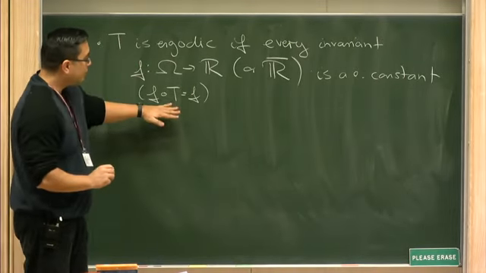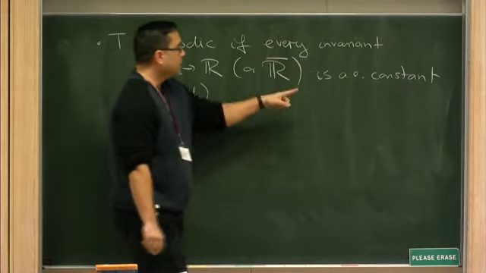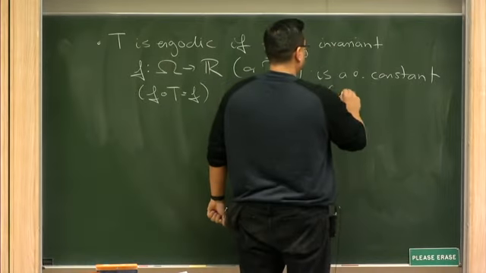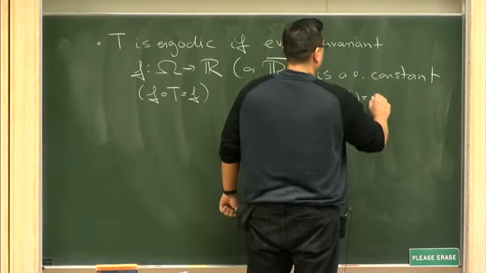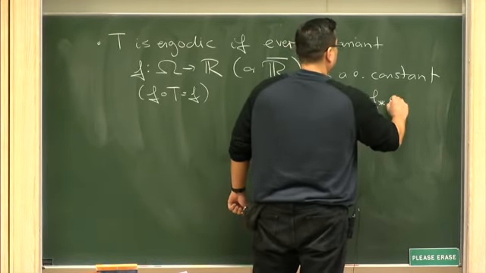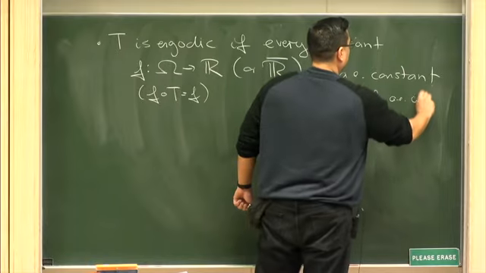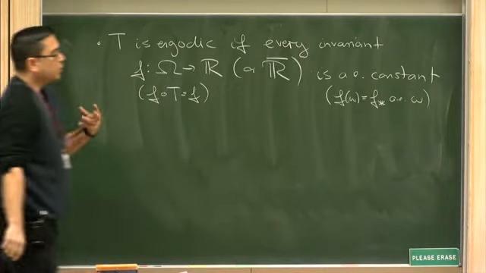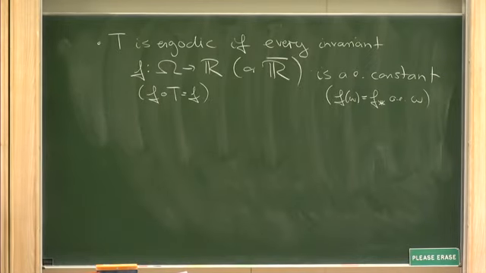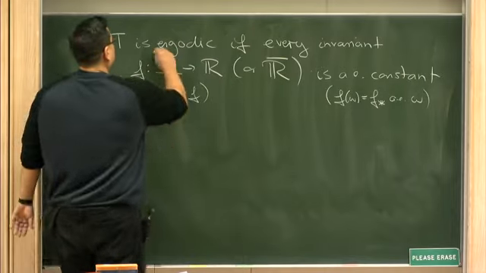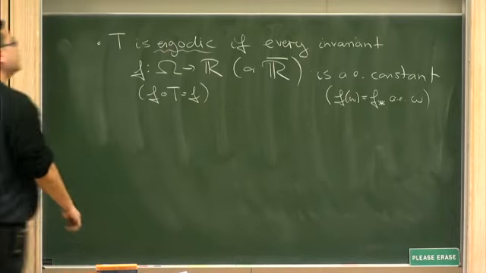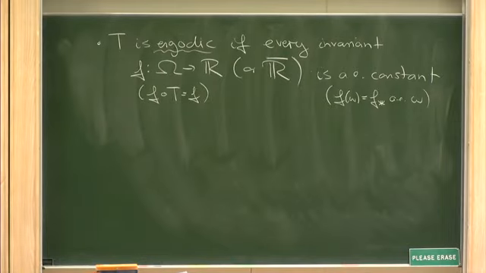So if I have that for some measurable function, then this implies that f of omega is equal to some constant for almost every omega. And when I talk about almost every omega, with omega being in this probability measure space, I mean mu almost every. This will be the additional assumption on T.